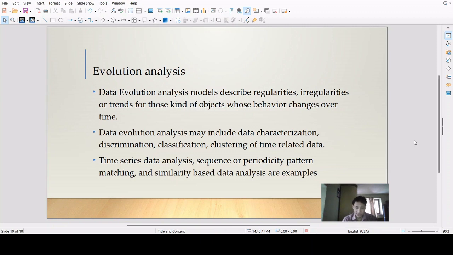Sometimes it sells in very high numbers, sometimes the sales decrease. So with time, we can find changes in the behavior of sales of products. Analyzing these kinds of irregularities, these kinds of regularities or trends, is the work of data evolution analysis.